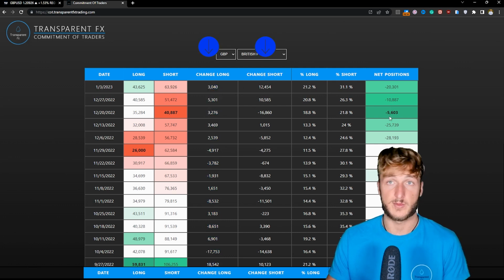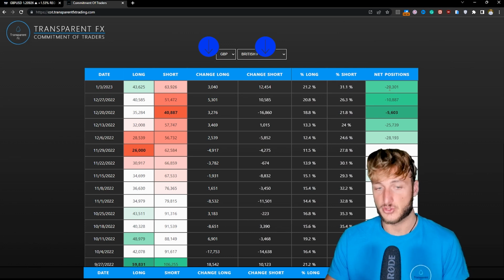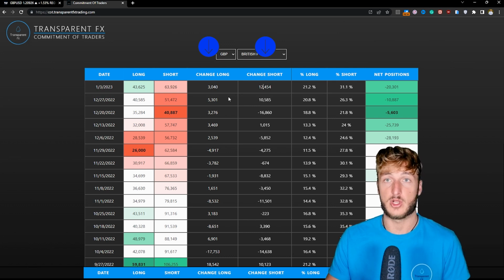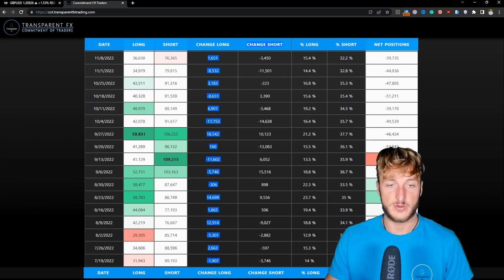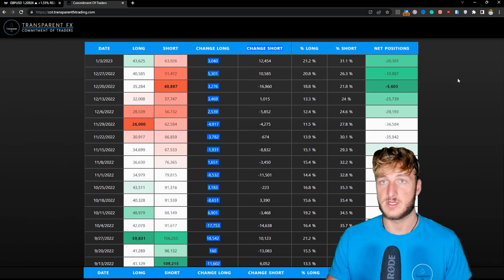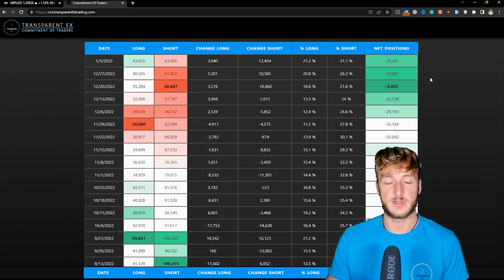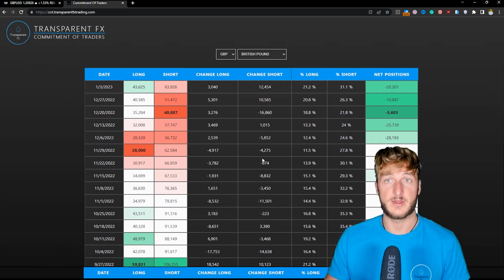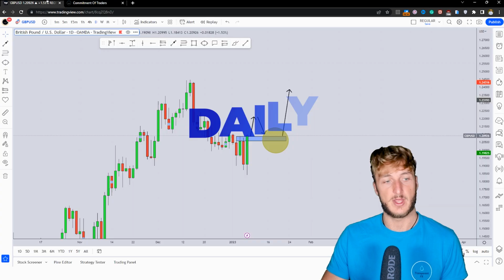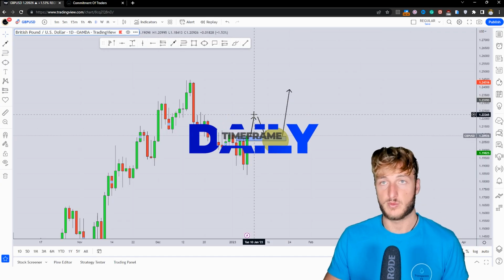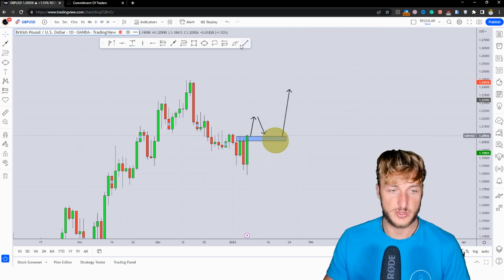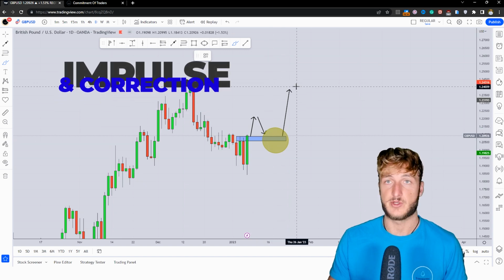I mean, in the short term, you could argue that you are seeing net positions getting decreased, which is true, but we don't see any report with longs getting closed. It's only longs getting added here, and in the long term net positions clearly got increased. So there is definitely the possibility of a strong pound and seeing more bullish continuation. So if we actually see the completion of this impulse and the correction, there is a good probability of seeing a rejection to the upside.